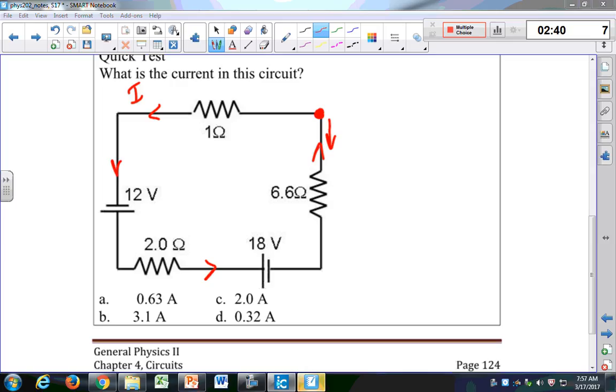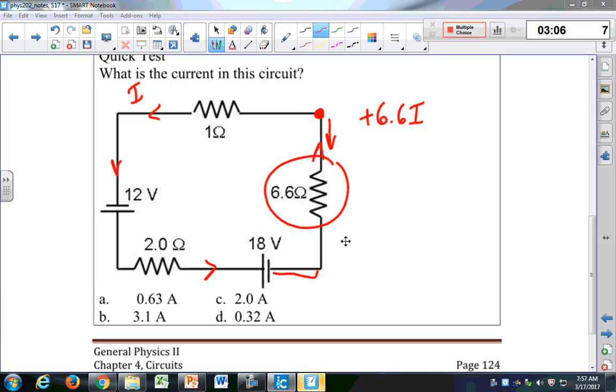Now I want to figure out the change in potential for each element. Starting here, the change in potential is 6.6I, but is it positive or negative? Am I going with or against the current? I'm going against, so it's positive: plus 6.6I.